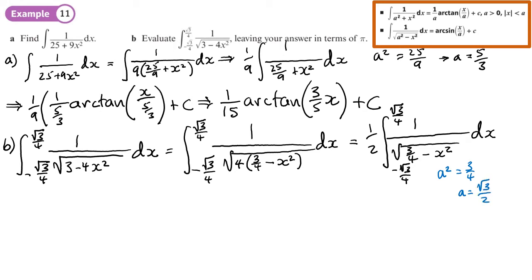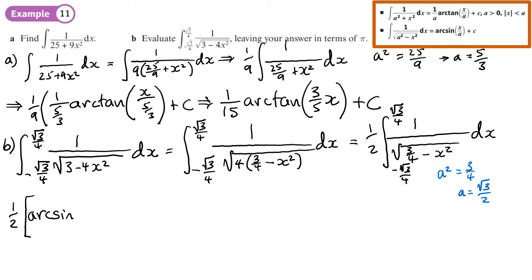So now we can go straight to our result, and wherever I see a, I put √3/2. So it's just arc sine x over √3/2, which is the same as x times by 2/√3.